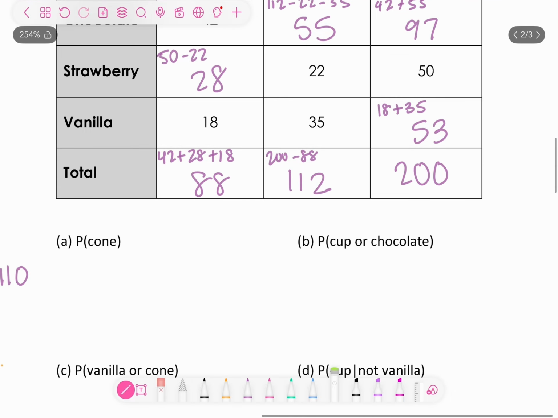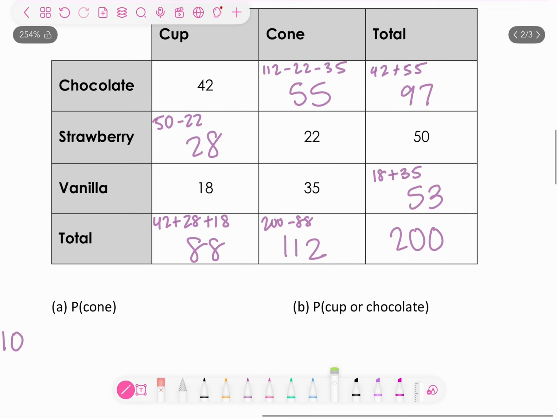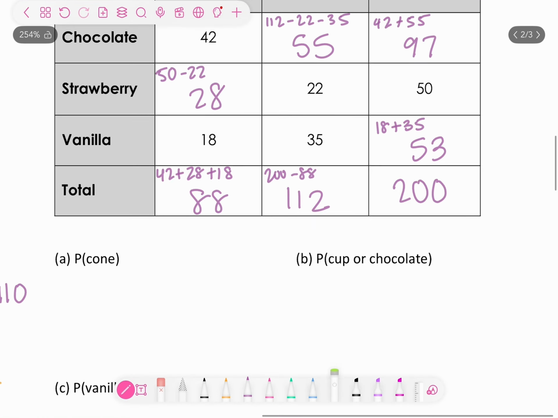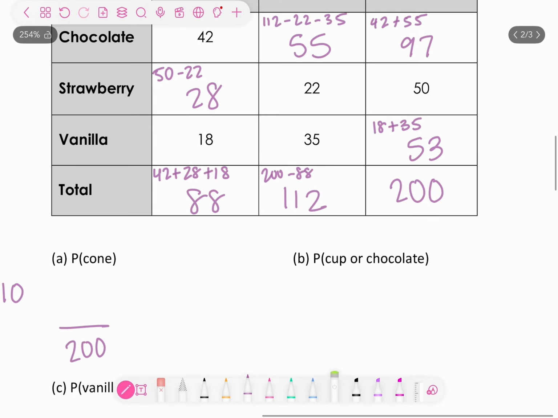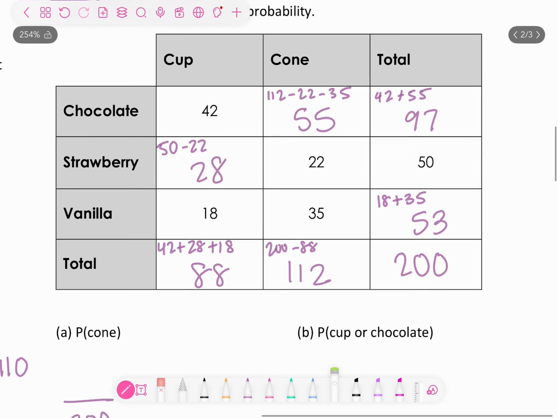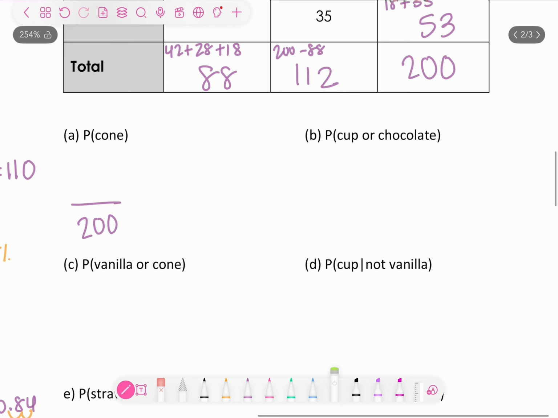So first one is P of cone. What's the probability that the person chose a cone? It doesn't say any additional information, which means the grand total is our total, so 200. There's 200 people surveyed, and the total for the cones that were sold is going to be 112. Can definitely simplify that.